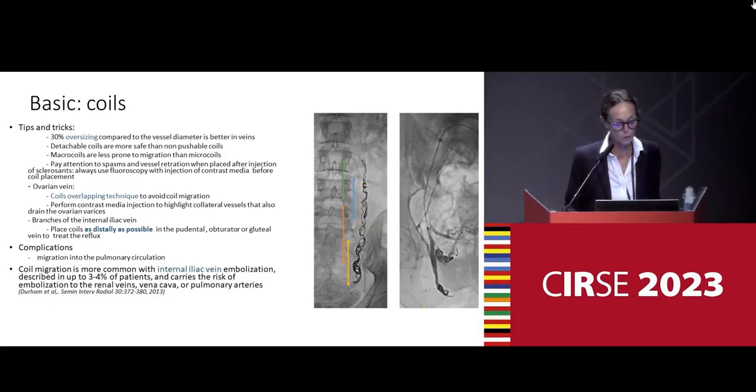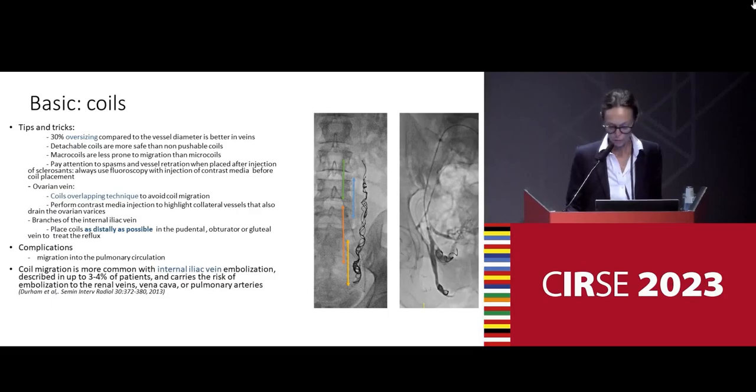Concerning the ovarian vein, you can use the coil overlapping technique with non-detachable coils. You place distally the first coil, and you pass through the coils to release the second coils until the end of the embolization of the ovarian vein. Concerning the branches of the internal iliac vein, it's very important to place coils as distally as possible to avoid the risk of migration.